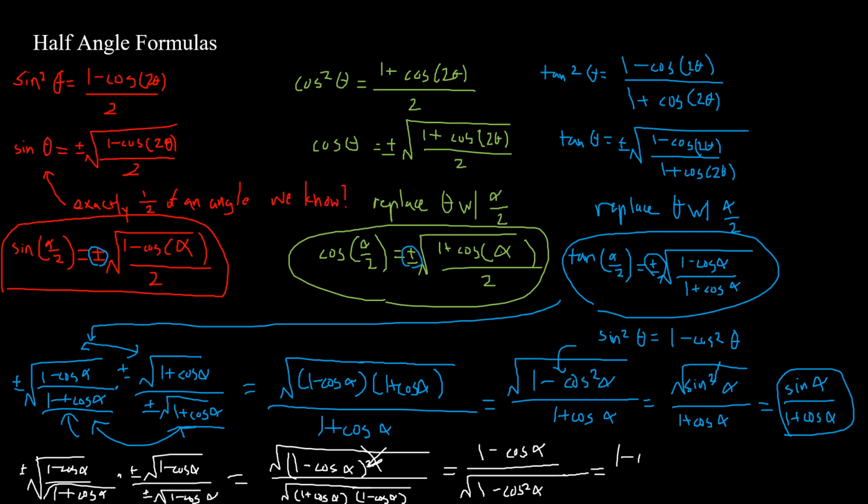So this is the same as 1 minus cosine alpha over square root sine squared alpha. And the square and the radical are going to cancel out to get 1 minus cosine alpha over sine alpha. So this is also another way to write the tangent half angle formula.